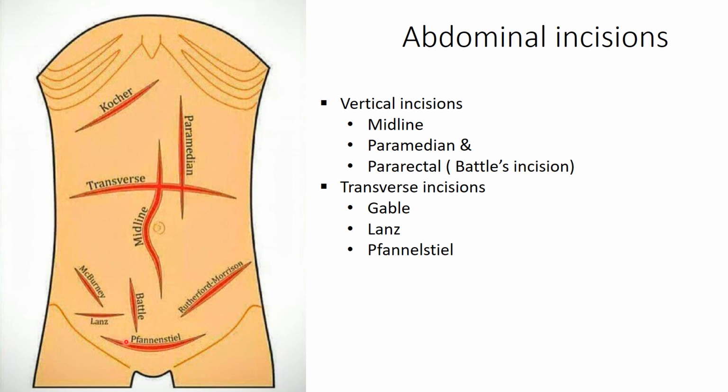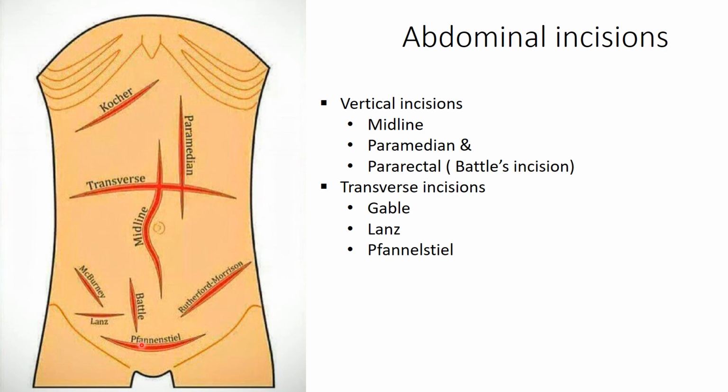So it is a convex incision at the suprapubic skin crease around 5 cm above the pubic symphysis. So the pros are, it generally gives a good aesthetic result and minimizes nerve damage.